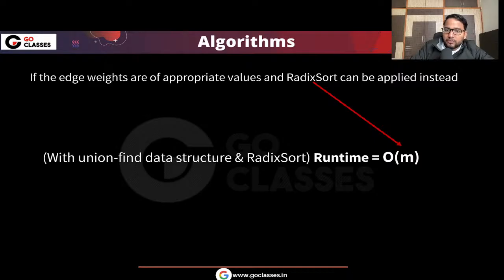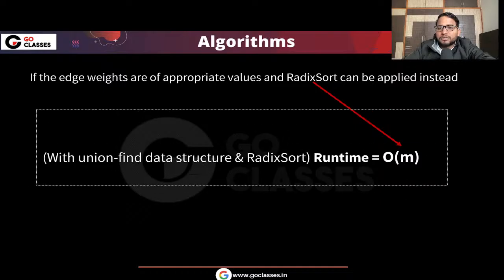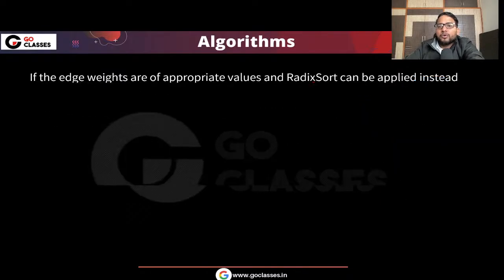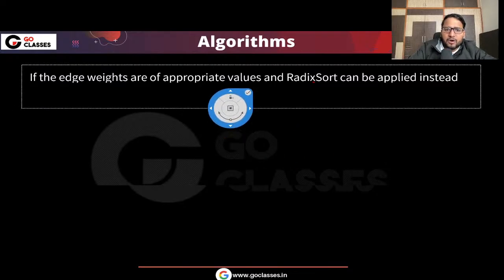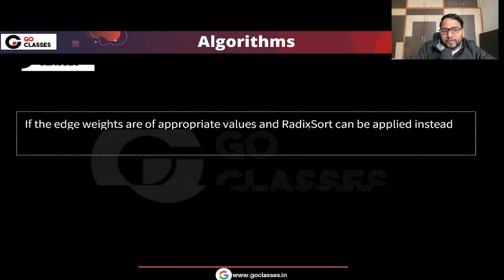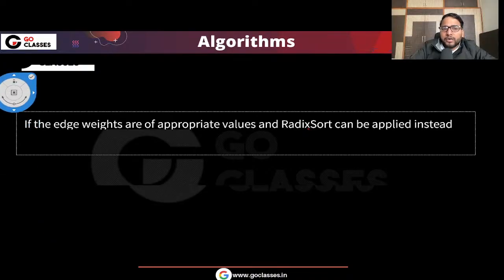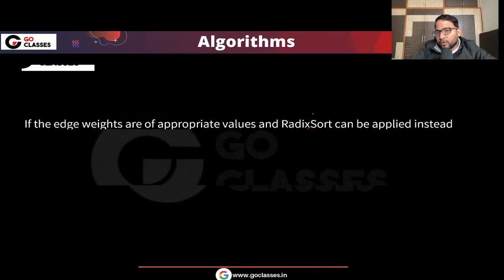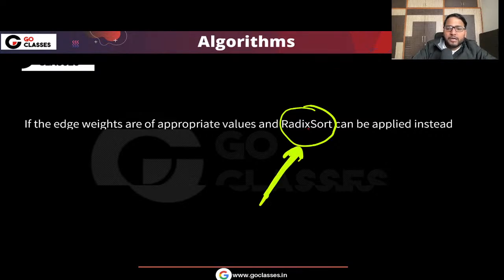Suppose they say that if the edge weights are of appropriate values, radix sort can be applied, which means you do not need to apply any general algorithm. You can apply radix sort to sort. There are some assumptions for radix sort and counting sort, these kinds of sorting algorithms, which means the edge weights should be in a certain limit, in order of n or something.